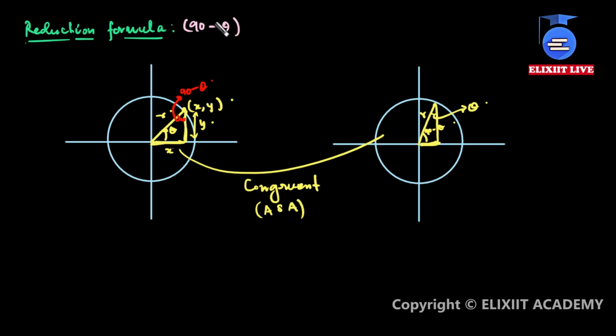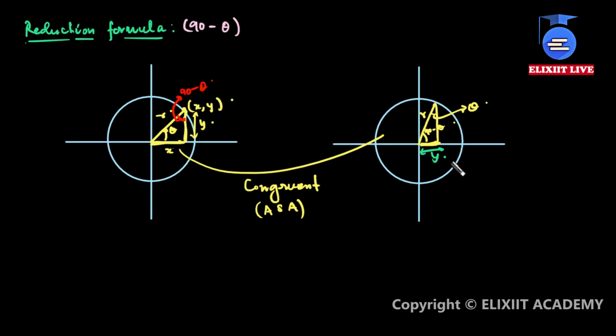If this is theta, then the opposite of theta will be what? y. This much distance will be y. So corresponding to this angle theta, the opposite side is y.